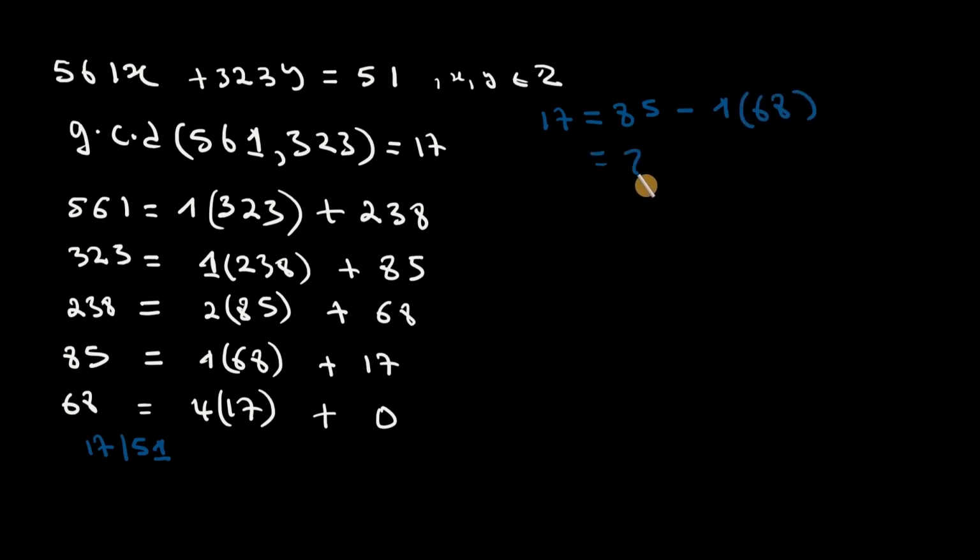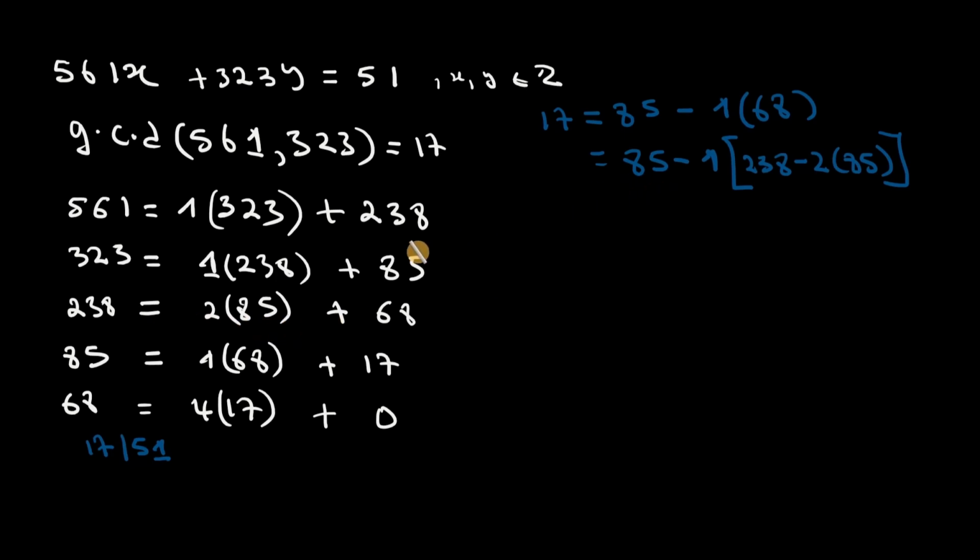That is 85 minus 1 into 238 minus 2 into 85, since 68 is equal to 238 minus 2 into 85. So I replace 68 here by 238 minus 2 into 85.